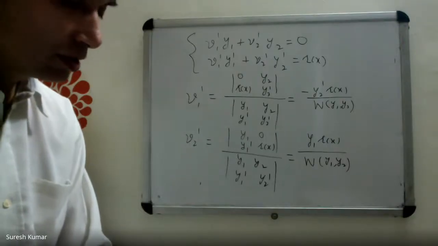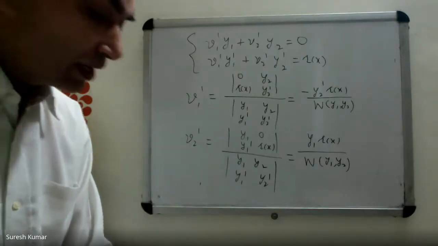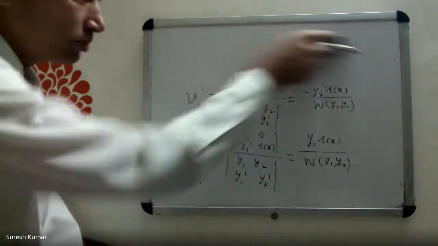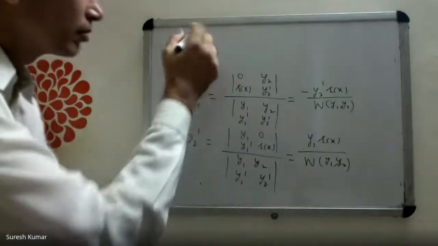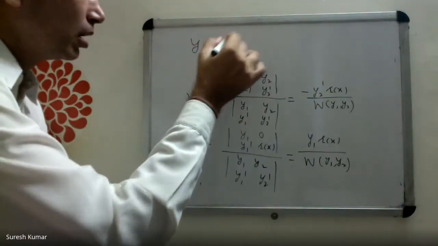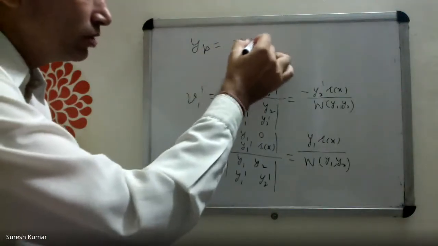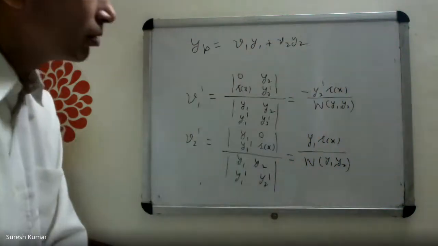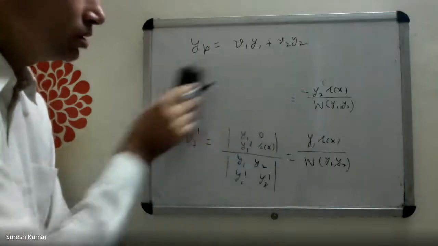Right? So in the end, what is yp? The formula for yp from the method of variation of parameters. Yp you assumed v1 y1 plus v2 y2. Now see what is v1 and v2.